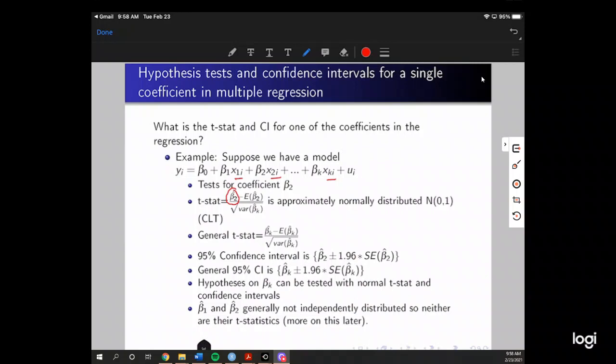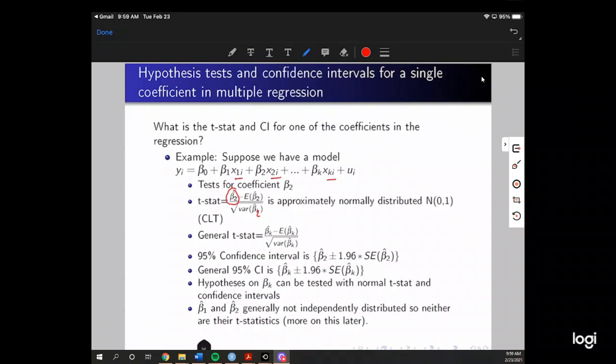So oftentimes we guess it's 0, and we're testing whether or not our actual mean of that variable is 0. And we divide by the square root of the variance of beta hat 2, an estimate of which is going to be the standard error of beta hat 2. This thing is approximately normally distributed with mean 0 and variance 1 by the central limit theorem.